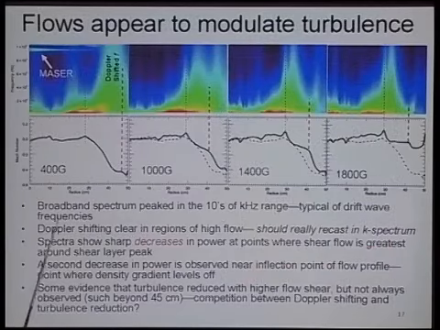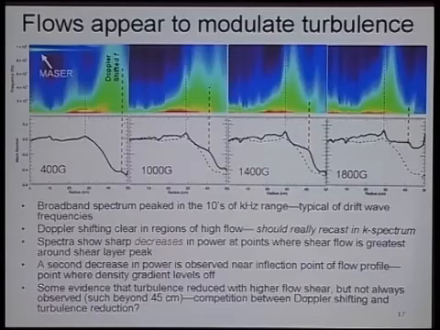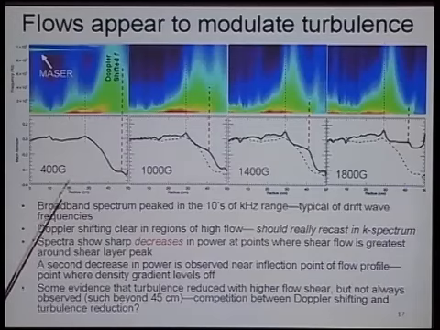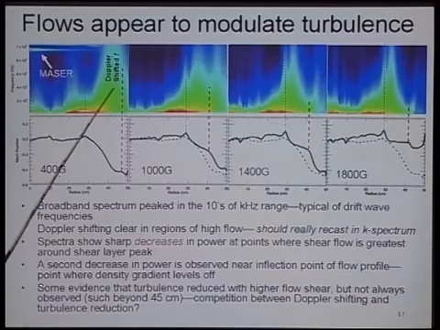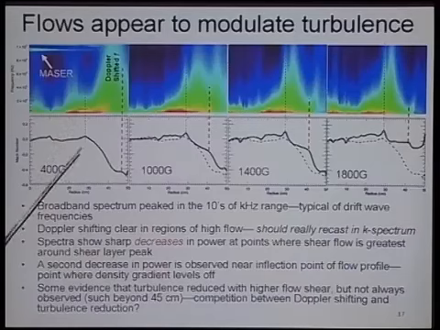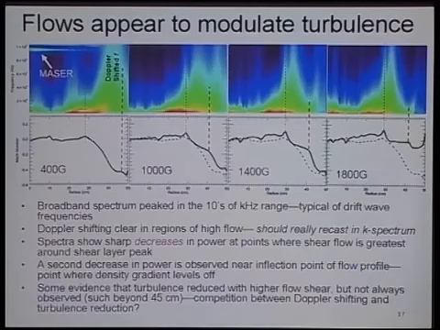Looking at the spectra, there does appear to be a connection between the flows and suppression of turbulence. If we look at this comparison of spectra for 4 different magnetic fields, aligned with the flow profiles for each case, the first thing you see is that there is significant Doppler shifting, especially in the 400 Gauss case, due to the high flow region.